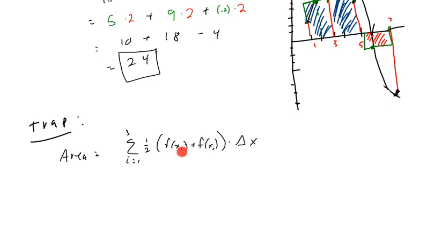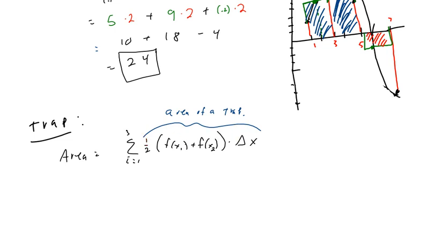That's a 1 and a 2, by the way. The sum of the two heights times delta x, and then divided by 2. So this is our trapezoid area here. That function there, this equation, represents the area of a trapezoid.